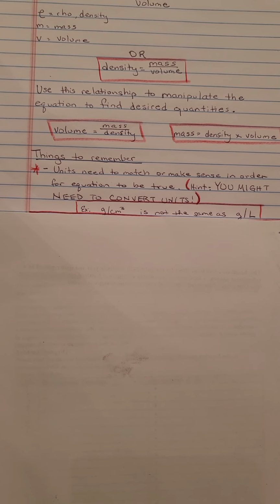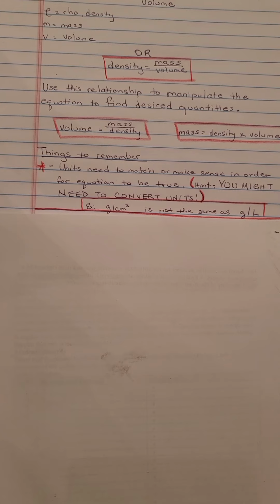Now let's keep moving. Some things that you need to remember. First of all, make sure that when you are solving the problem, your units match so that they make sense and the equation that's written is indeed true. So that means you might need to convert your units.